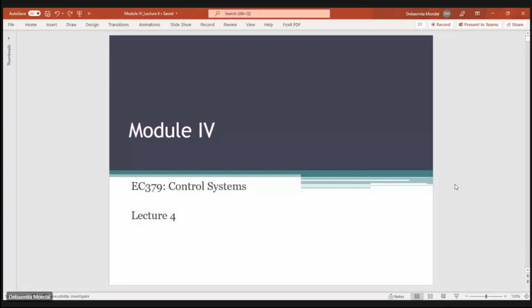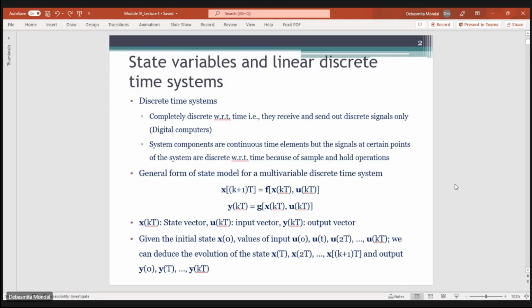Okay. So today we'll talk about the state variables. Till now we were discussing how to represent a continuous time system using state space models. The state space model basically has two equations. One is the state equation, in the form x dot equals Ax plus Bu, where x is the state vector, the vector formed of the state variables of the system.